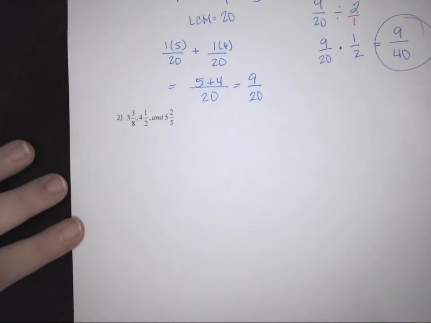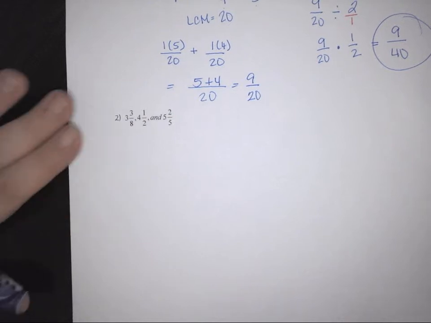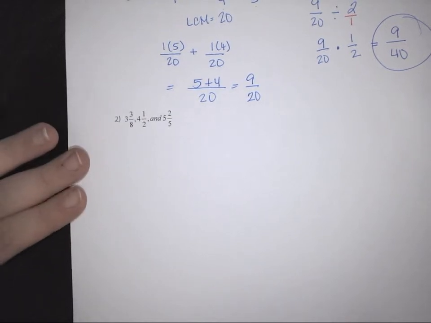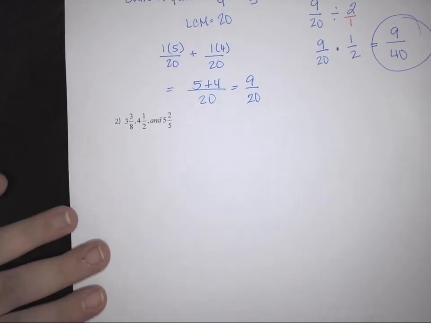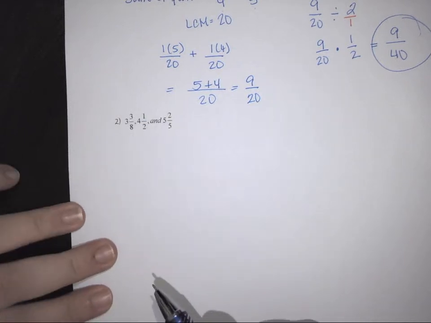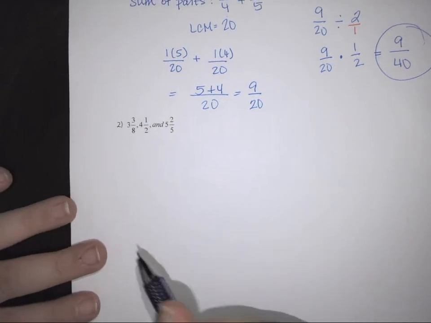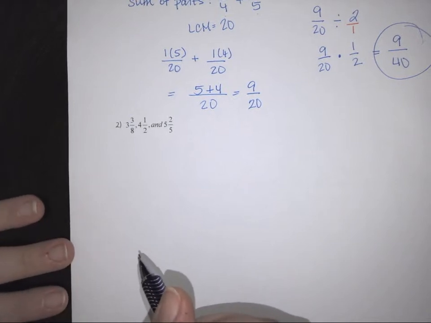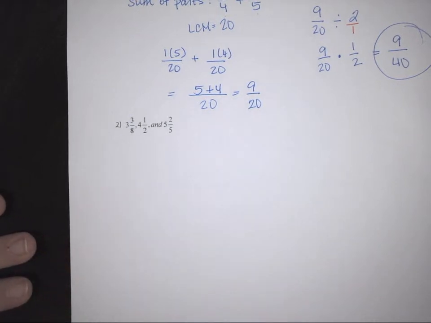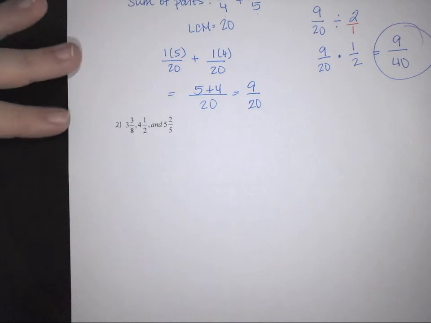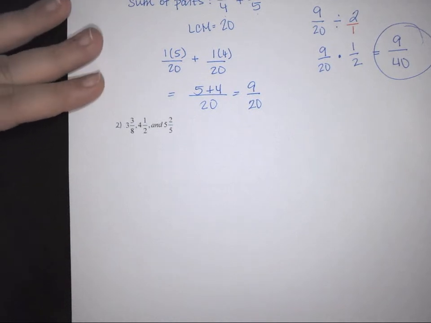We can do that same idea using 3 values. And in this case, I have some mixed numbers. So the first thing that I have to do before I even get started is change the different values to improper fractions.